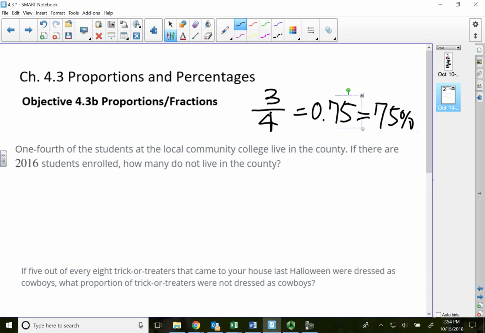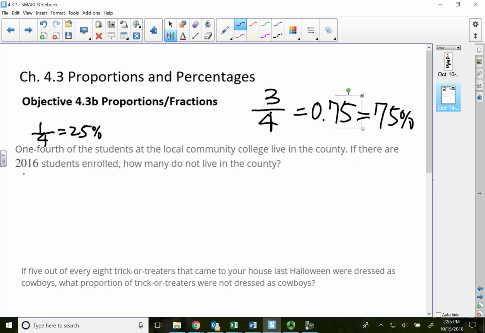So when this problem says 1/4 of students at the local community college live in the county, that 1/4 is the same as saying 25% of students live in the county.